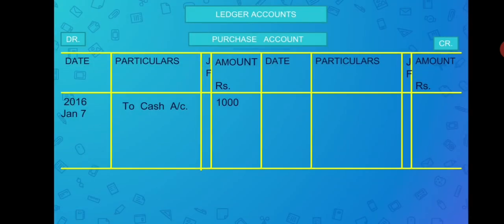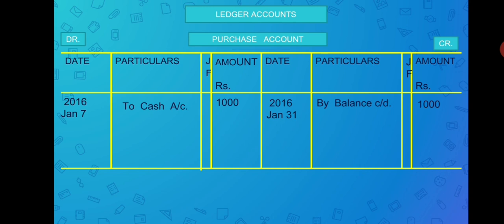Next, purchase account. In the purchase account, on the debit side there is 1,000 rupees. Credit side no amount. So now you want to tally the account. For that purpose you want to carry this 1,000 rupees to the credit side. Last date of the month, 2016 January 31st, by balance carry down, same amount 1,000. Now both the sides have 1,000 rupees.